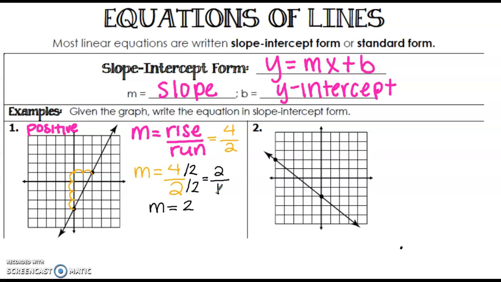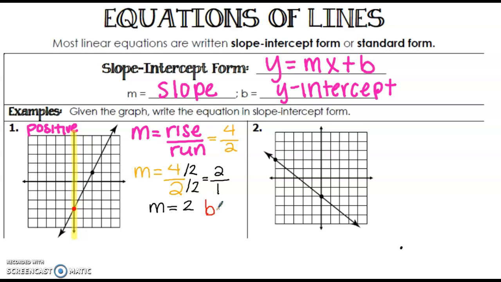Our next step would be to go ahead and find the b, aka the y-intercept. That means I'm going to be looking here where my y-axis is and where my line is crossing it. In this case, it is crossing it at this point right here.